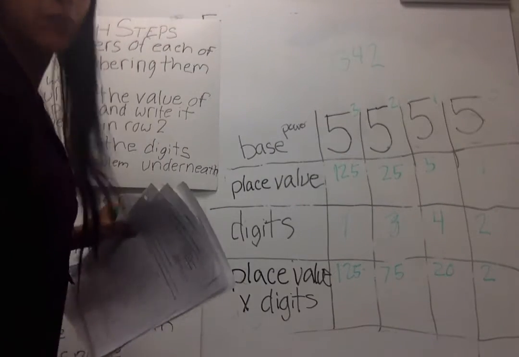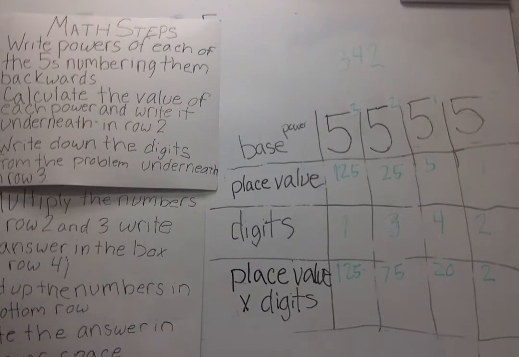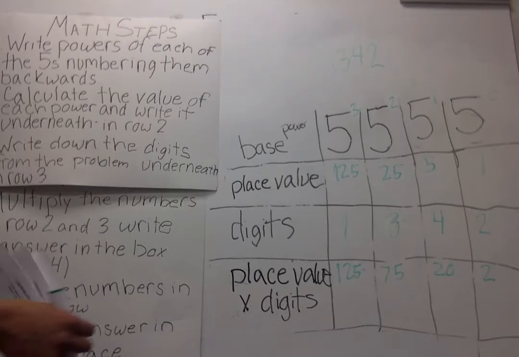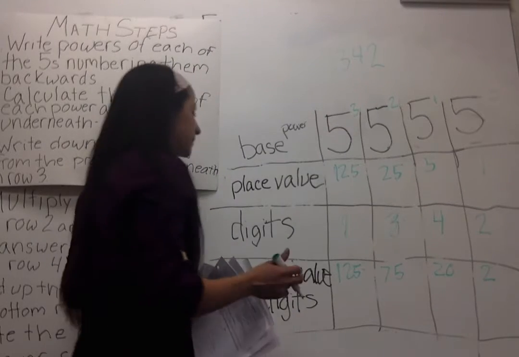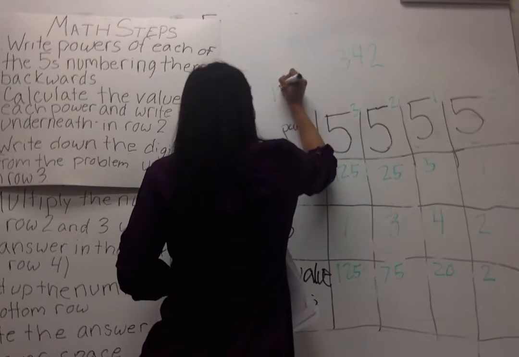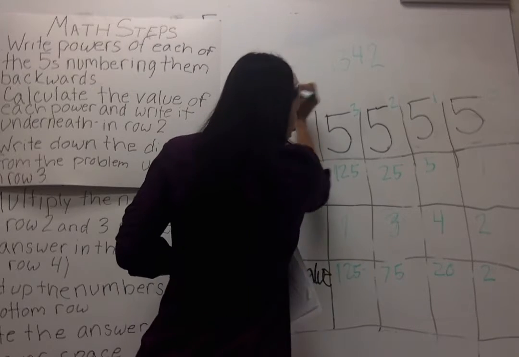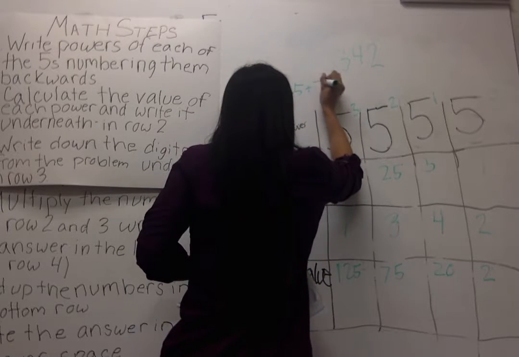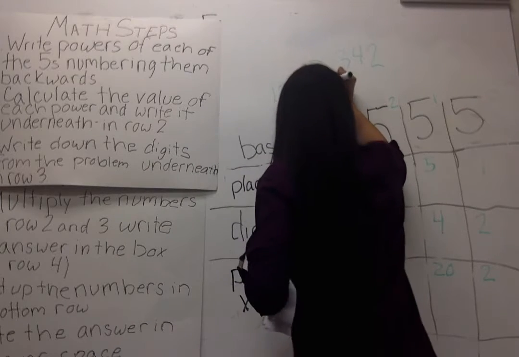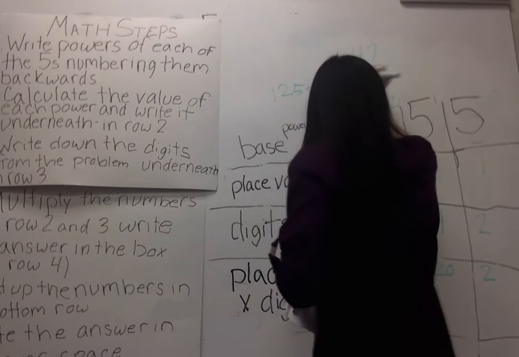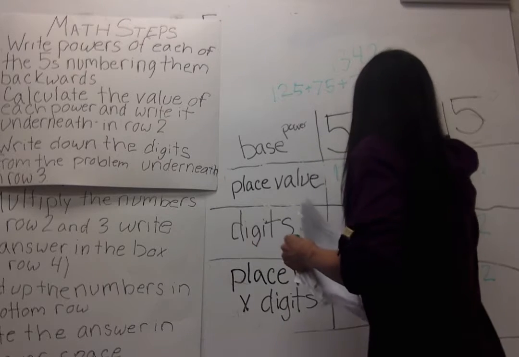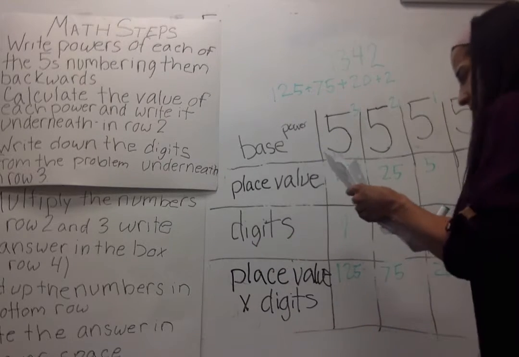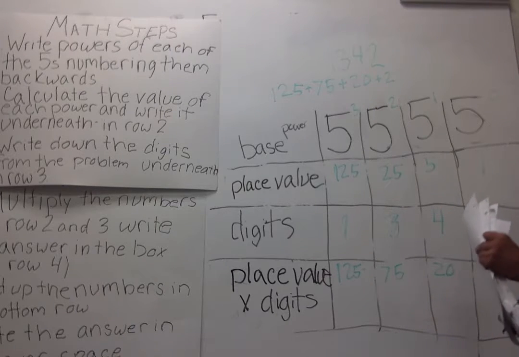Can anyone tell me what we do next? Good job. What we do next is we add up all the numbers in this bottom row to get our answer. So 125 plus 75 plus 20 plus 2, and this would be our answer.